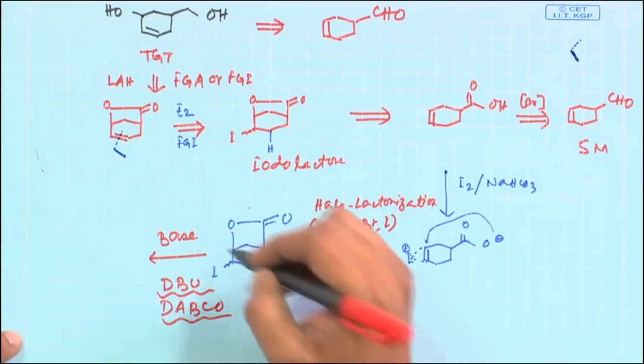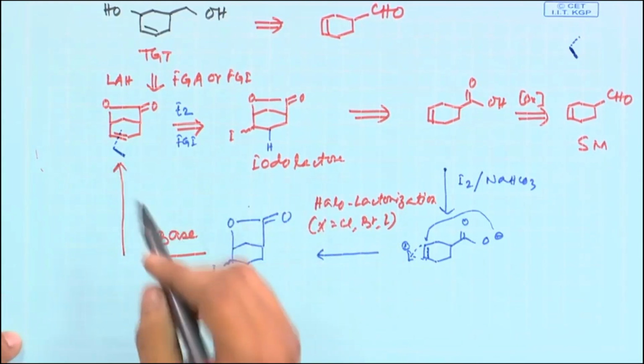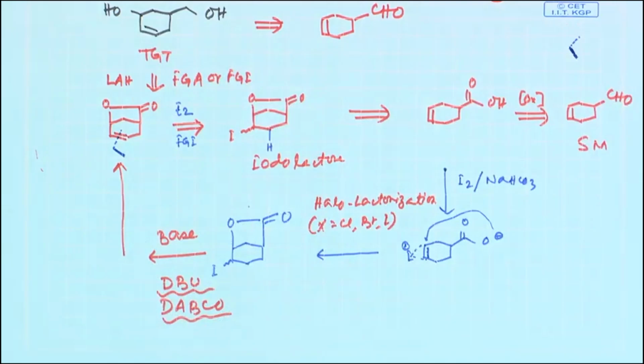They have a bicyclic nitrogen framework, and once you have this, that basically gives you this initial intermediate, and then you can do an LAH mediated reductive cleavage that will basically give you the target diol.